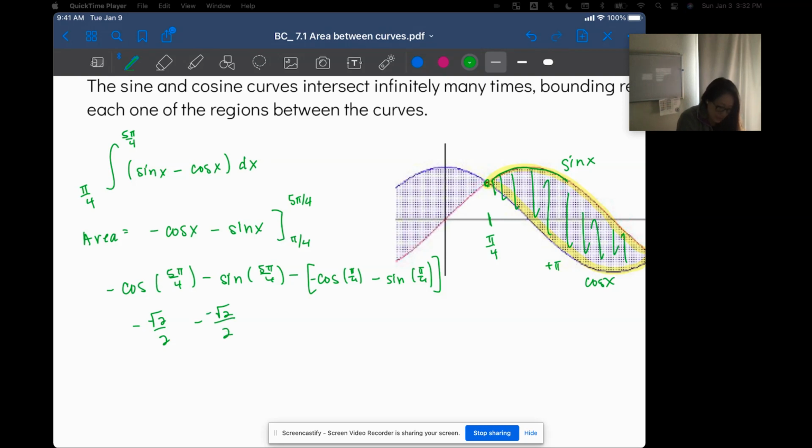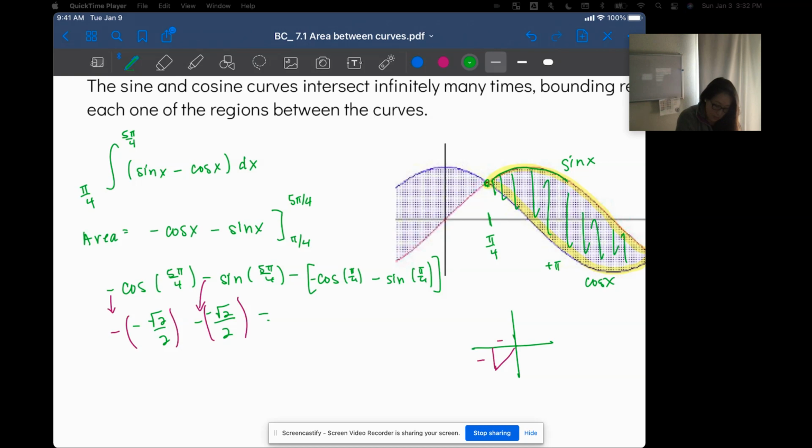Remember, 5 pi over 4 is in the third quadrant, so sine and cosine will both be negative. So that means it's going to be negative root 2 over 2, and then I needed to bring down the negative sign, and then I have negative root 2 over 2, and I needed to bring down the negative sign.